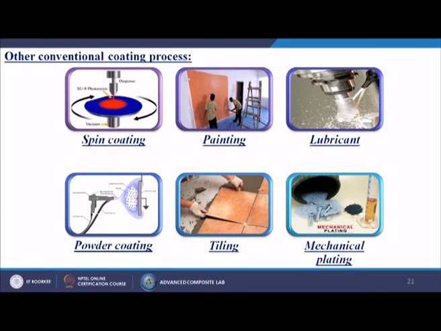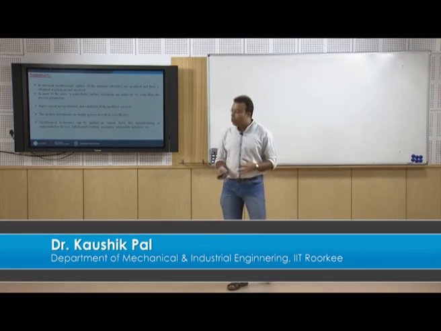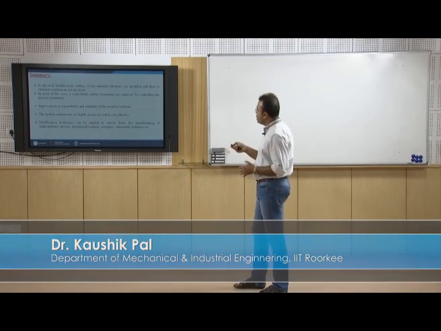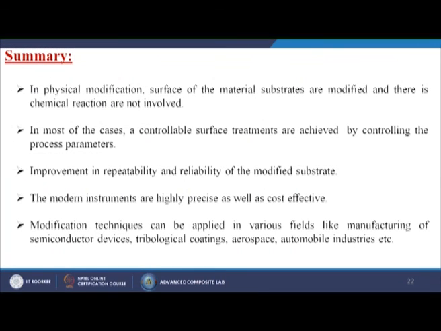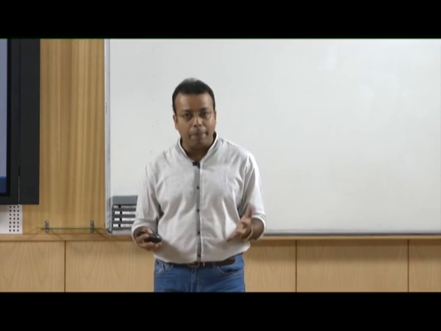Now let us come to the summary of this lecture. In physical modifications, the surface of the material substrate is modified and no chemical reactions are involved. In most cases, controllable surface treatments are achieved by controlling the process parameters. Improvement in the repeatability and serviceability of the material can be achieved. Any wear, cracks or damage on the material surface can be easily repaired.